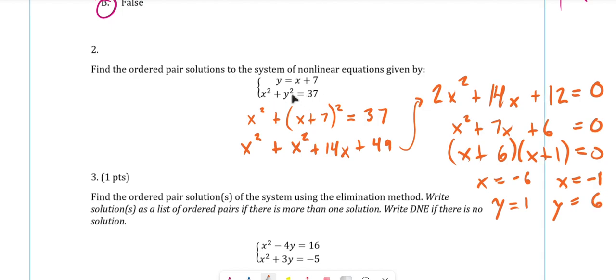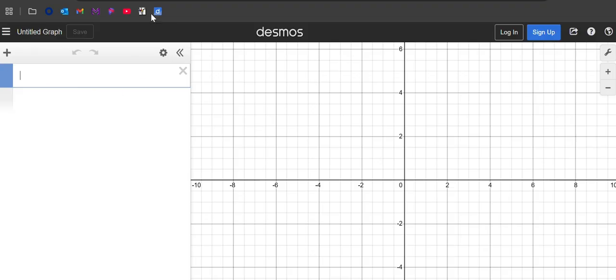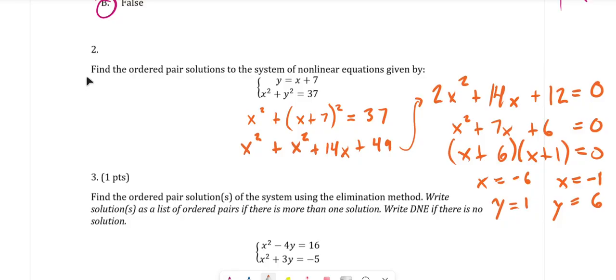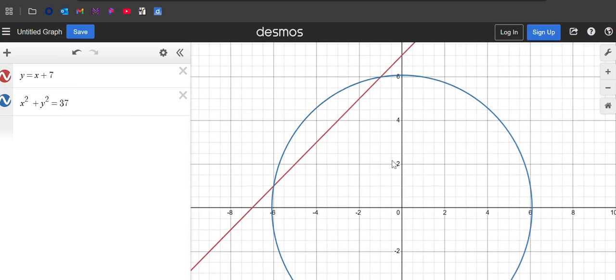It's sometimes hard to graph the corresponding nonlinear equations on the graphing calculator, although it can be done by setting two different y's, one equal to, say, the positive square root and the negative square root when you solve for y. But a great tool to use for checking your work would be Desmos, because not only can you put in linear equations, you can put in nonlinear ones as well.